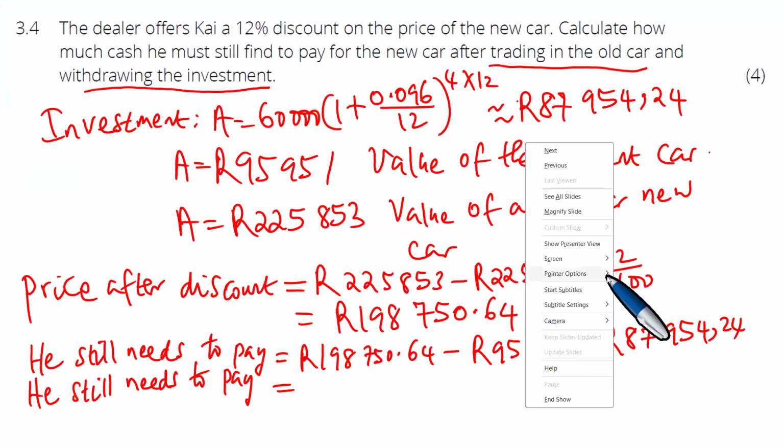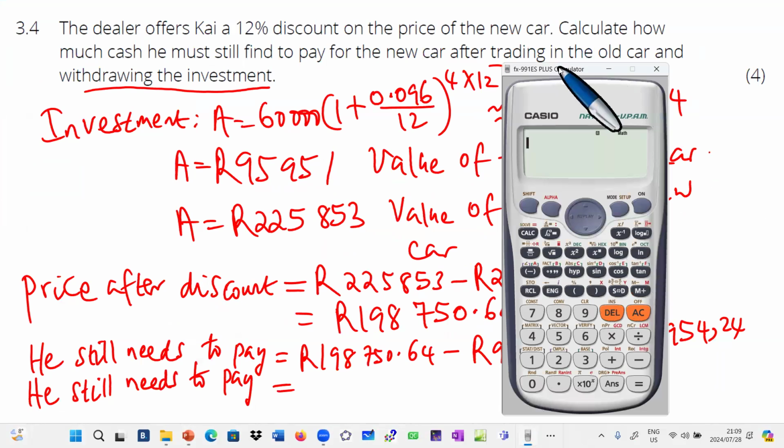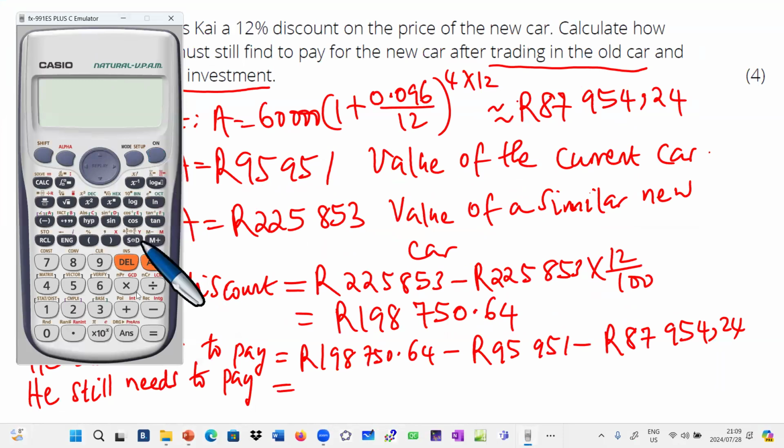If we launch a bigger calculator, we're going to have the following: 198,750.64 minus 95951 minus 87954.24.